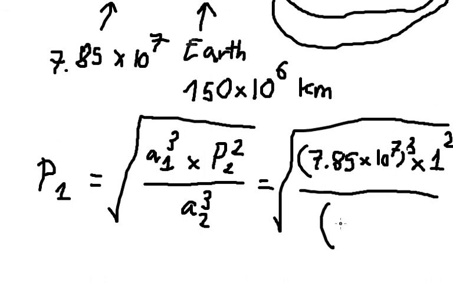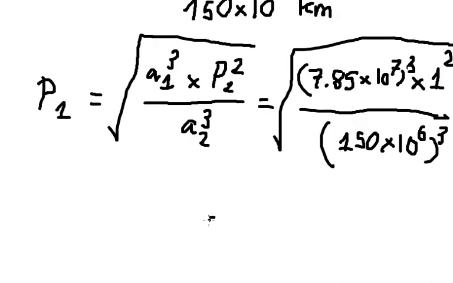This one, we have 150 multiplied by 10 to the power of 6, and we have the power of 3. So we calculate this one, and we have 0.379 years.